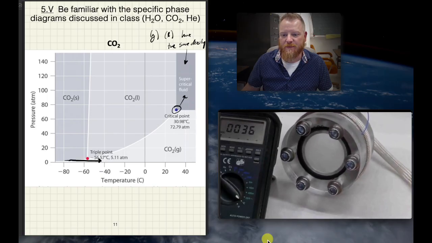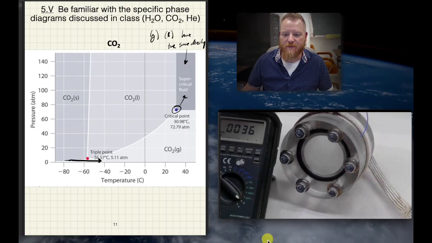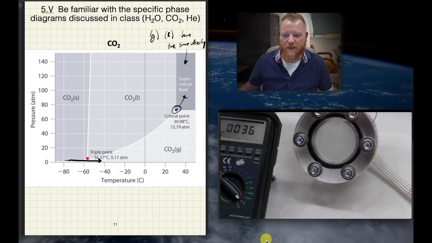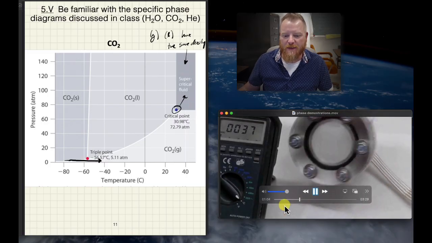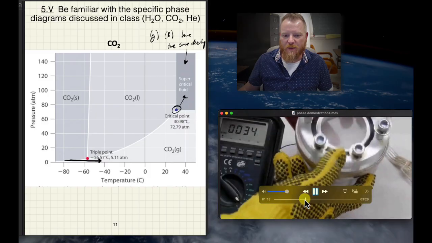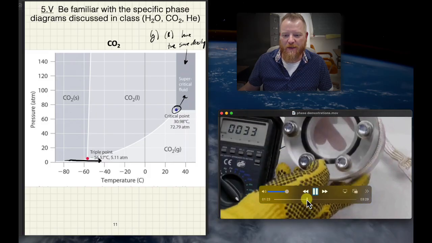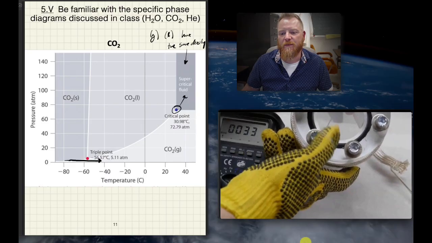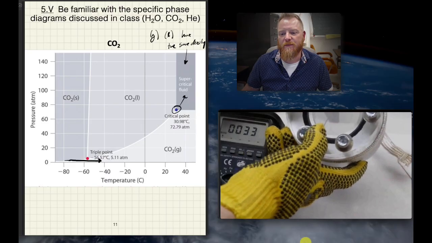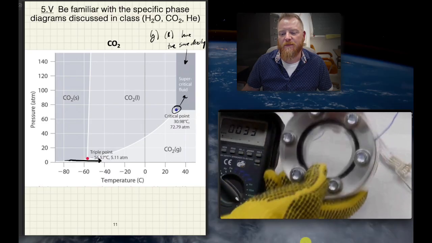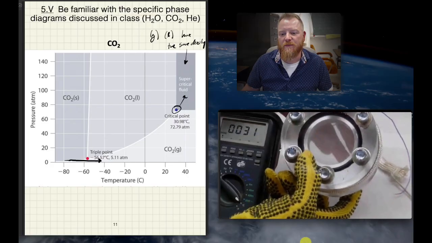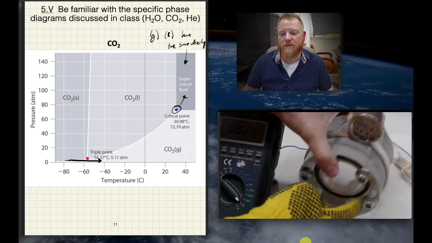So I'm going to unplug the heater. And give it a few minutes here. Let me zoom it in a little bit. CO2 has gone supercritical, meaning that the density between the liquid phase and the gas phase eventually became so similar that they blended together. So it's all one continuous phase in there now.